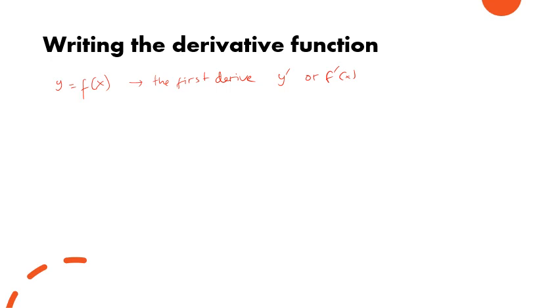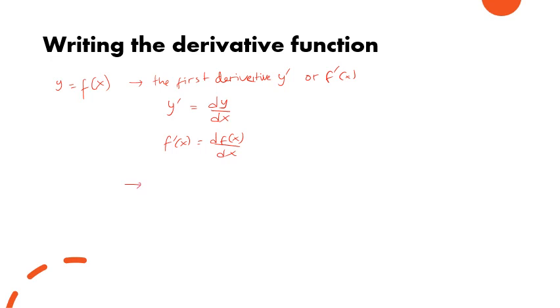So for the first derivative, you need to write y accent as dy over dx. Why is that? It means that we derive the function y with respect to x. Or f(x) becomes df(x) over dx.